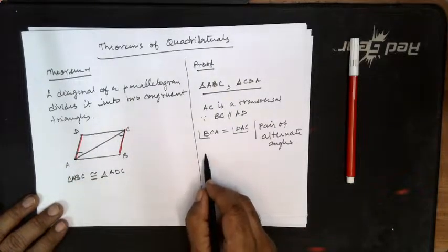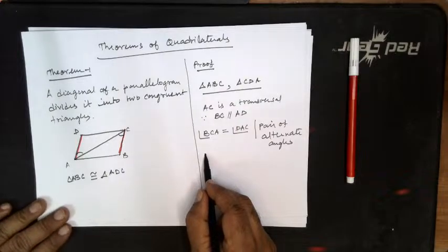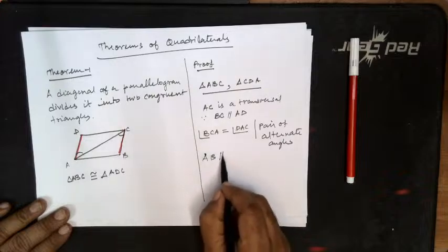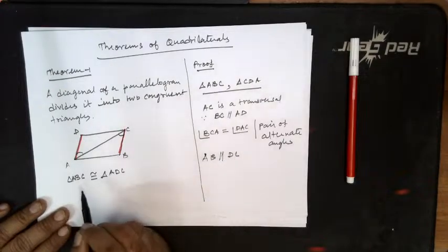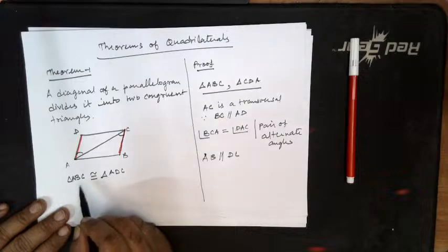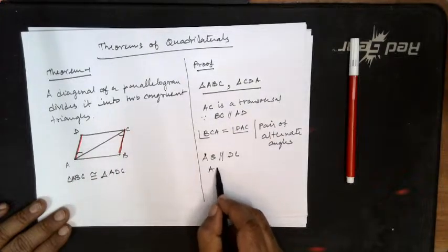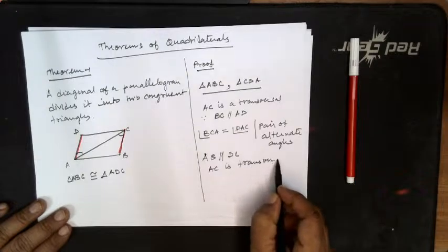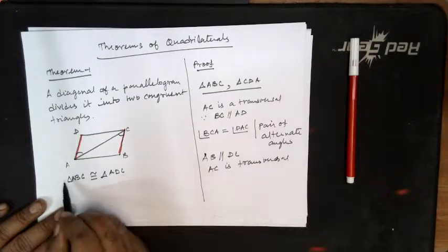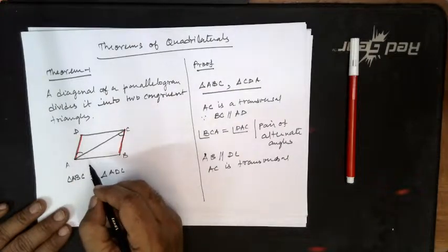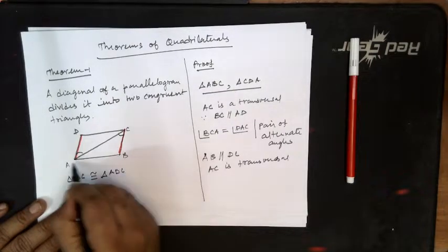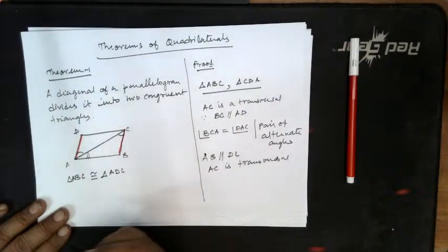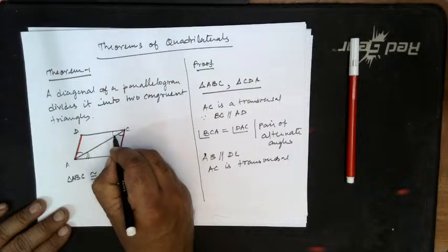Next one, let us consider AB. This AB is parallel to DC. So in that case, AC is again a transversal. Therefore, again you can fix that BAC, let us indicate by a double arc, is equal to DCA.